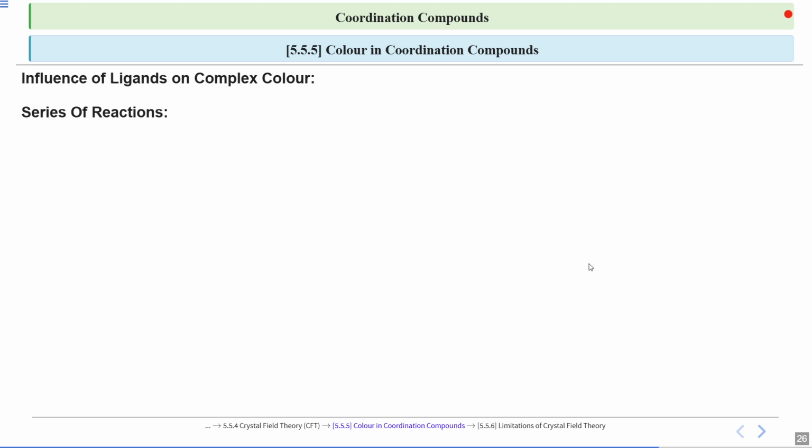Series of reactions. Reaction 1: en to nickel ratio.